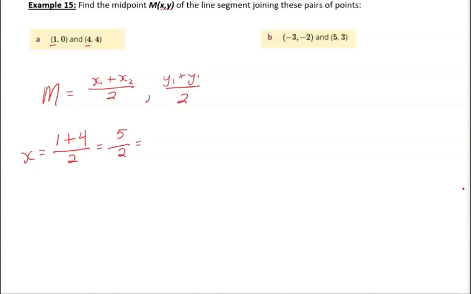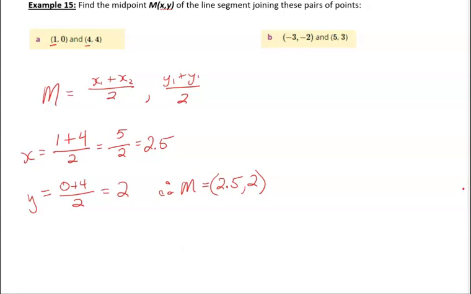We could leave it as that, or we could write it out as 2.5. Either way. So that's the x-coordinate that's in the middle of these two. For y, we've got 0 plus 4 averaged, and we can probably figure out that that's going to be 2. So our midpoint between these two, we don't even need to graph it, is the x is 2.5, comma, the y-coordinate is 2. So that will be the point in between (1, 0) and (4, 4).